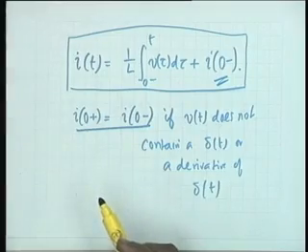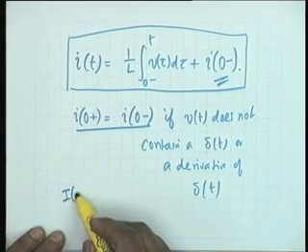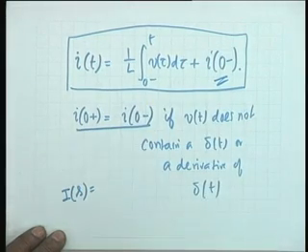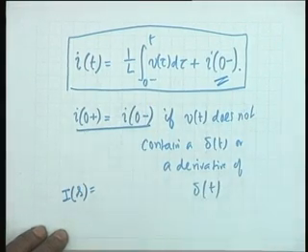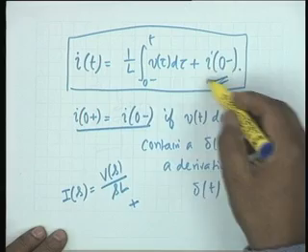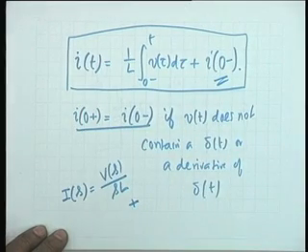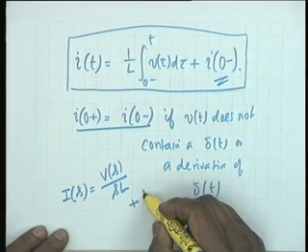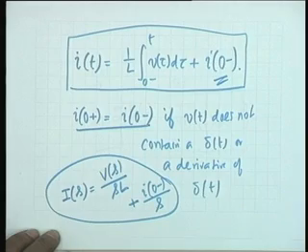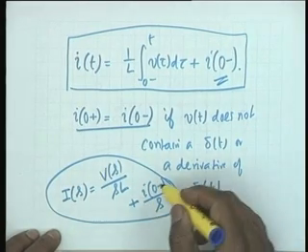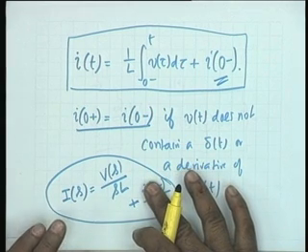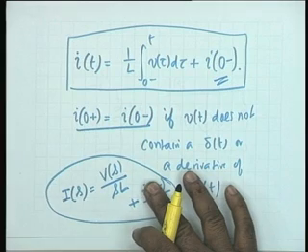But before I pass to capacitor, can I also mention to you that an equivalent description of this relationship in the frequency domain shall be capital I of S equal to, as you know, integral, Laplace of an integral is division by S, and therefore it would be V of S divided by SL plus what is the Laplace of a constant, that divided by S, I of 0 minus divided by S. So, this would be the frequency domain description of an inductor, where if the initial current is 0, this is the relationship that you are familiar with, that is, current is equal to voltage divided by impedance of the inductor.